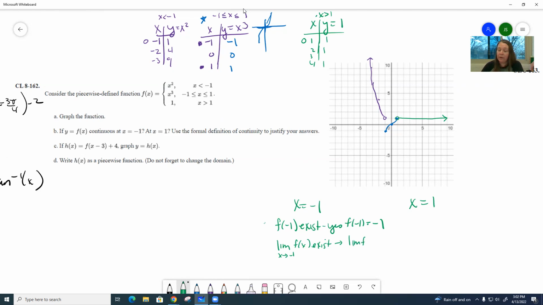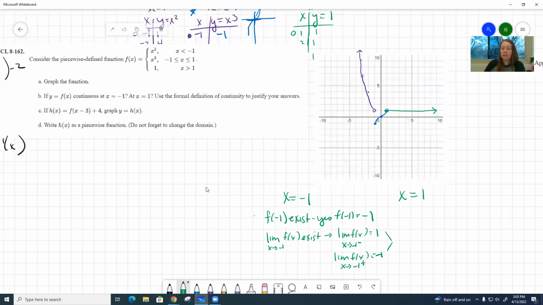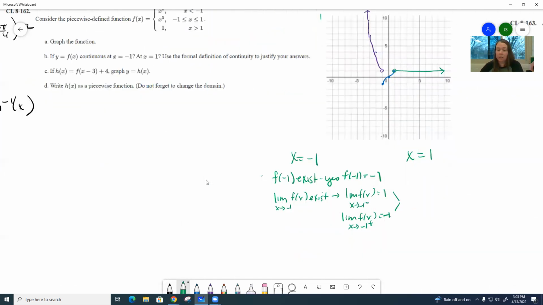So as I approach -1 from the left, now I'll just write it out. The limit of f of x as x approaches -1 from the left would be 1. That has to be equal to the limit of f of x as x approaches -1 from the right. So when I look at the graph, as I approach -1 from the right, I'm getting closer to -1. These are not equal, so this limit does not exist. And if the limit does not exist, then it's not continuous.